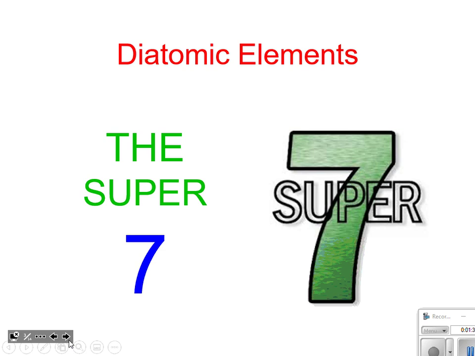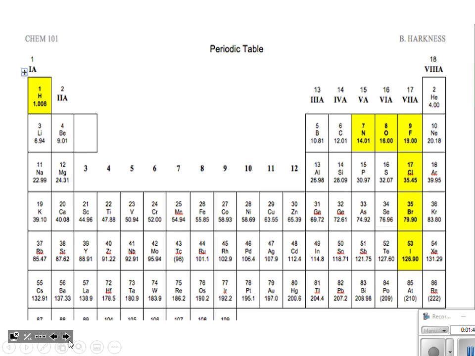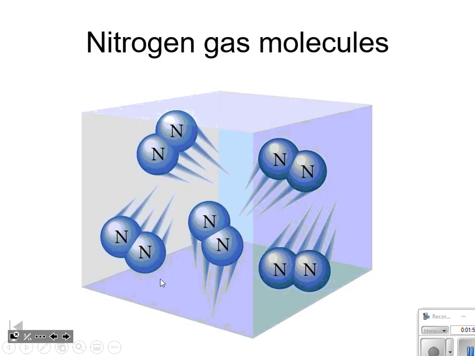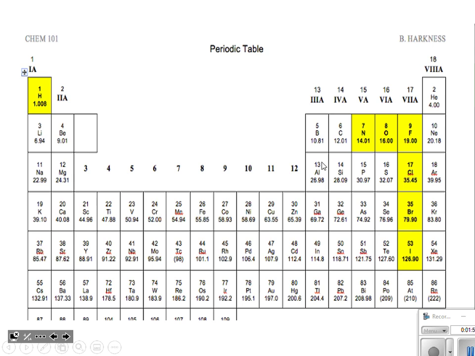Bree? They are 7 of them. And on the periodic table, they make a 7. So, starting with element number 7 right here, that's another part of the super 7.